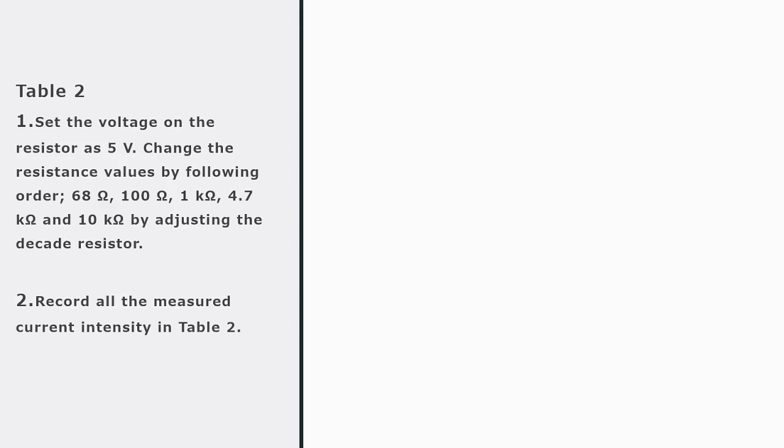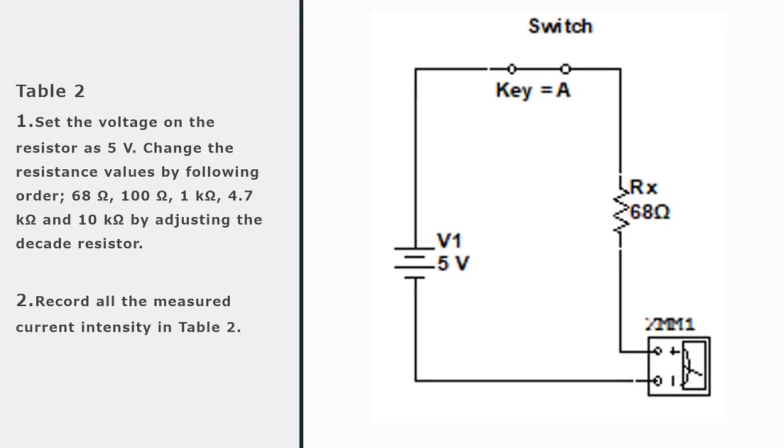Second, record all the measured current intensity in table 2. So this is the circuit that was given in lab 6.